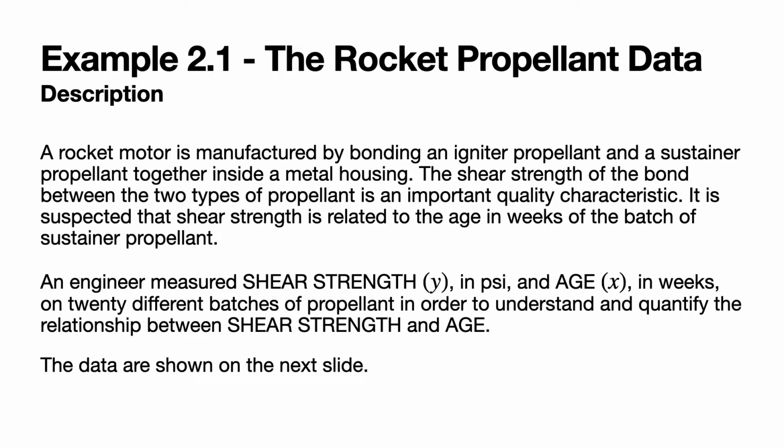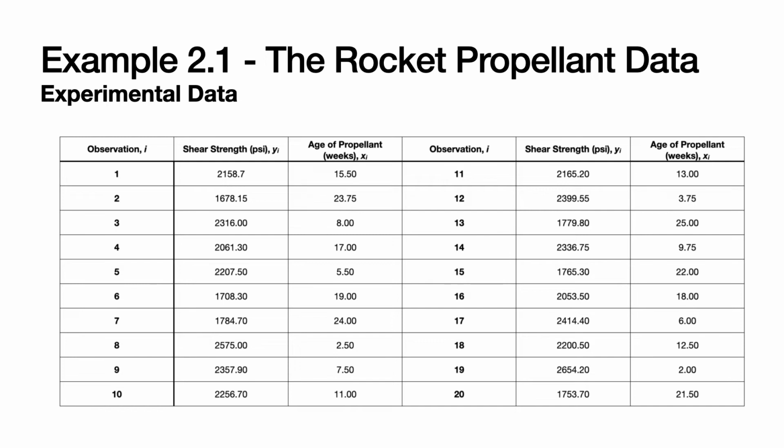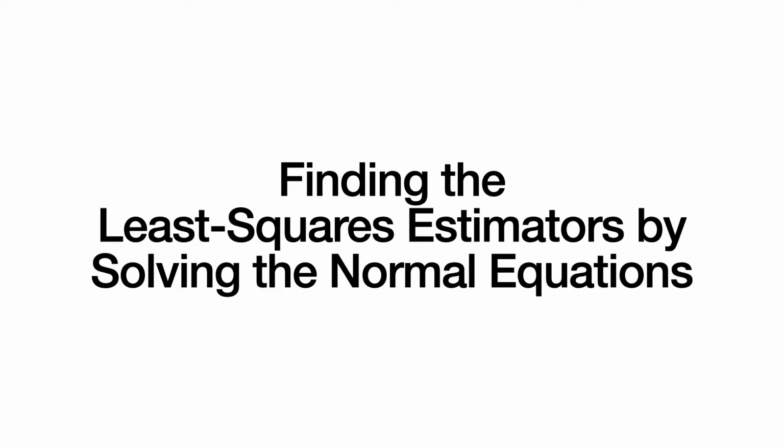Now the data are shown on the next slide. And so here we have the shear strength and the age of propellant for the 20 samples. And we want to find the least squares estimators for the simple linear regression that's relating shear strength to age by solving the normal equations.